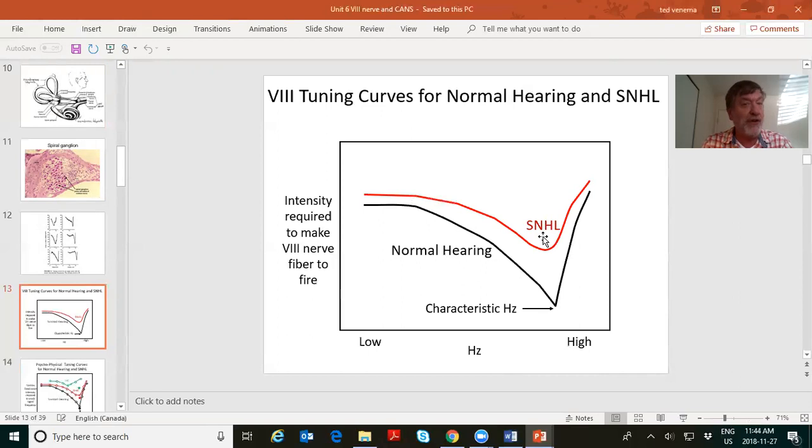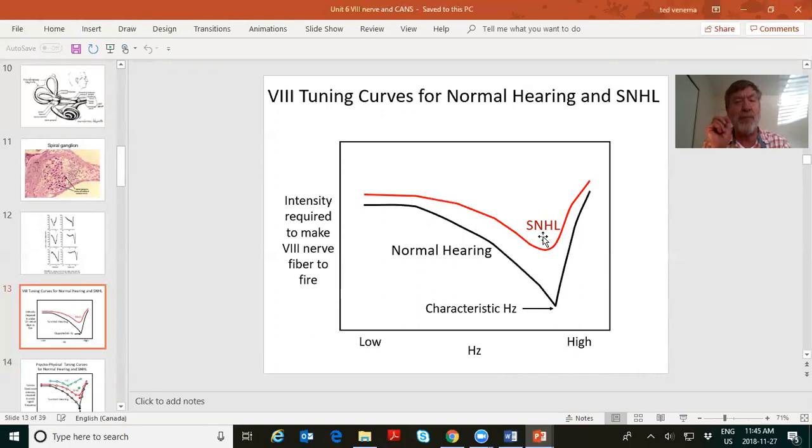Well, because the traveling wave is now smaller, duller, and more rounded, that problem is echoed further up the system. And in terms of a tuning curve of a particular fiber, yep, the tuning curve is smaller, it's more elevated, because more decibels are required to get that neuron fiber to fire, but also it's less specifically tuned.